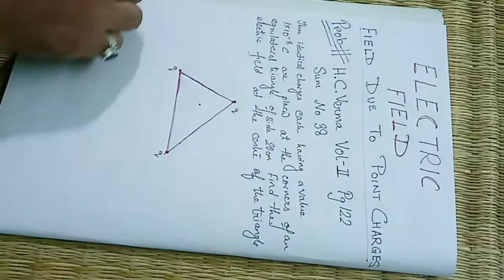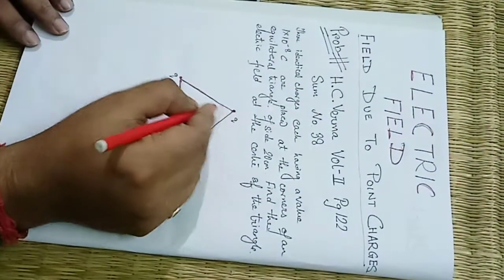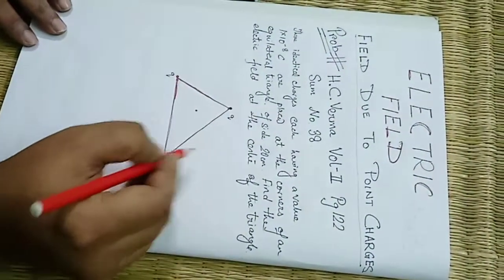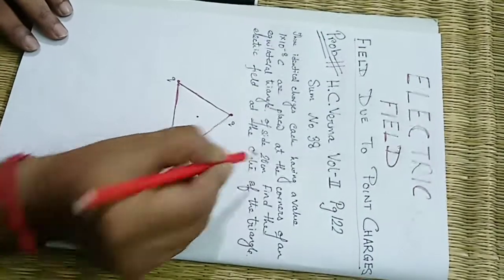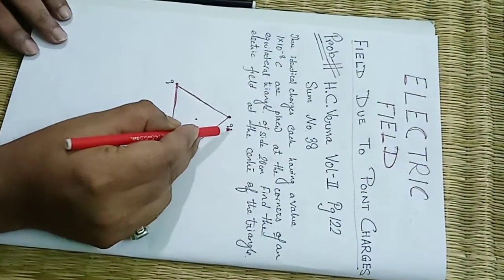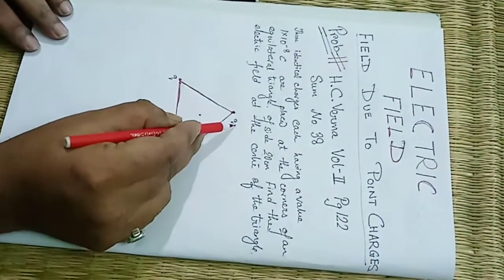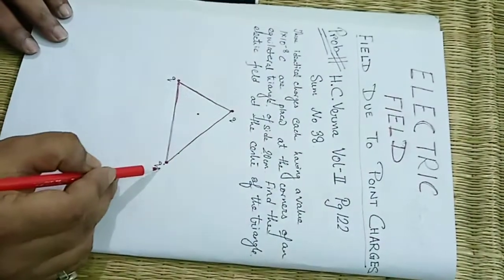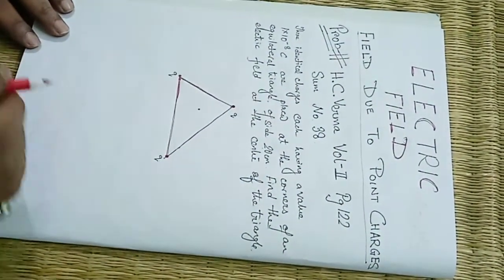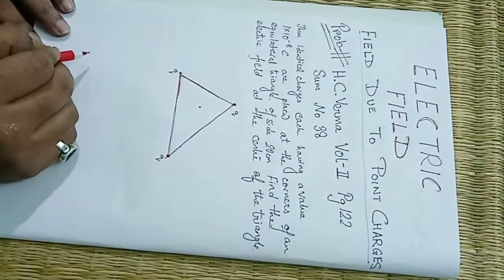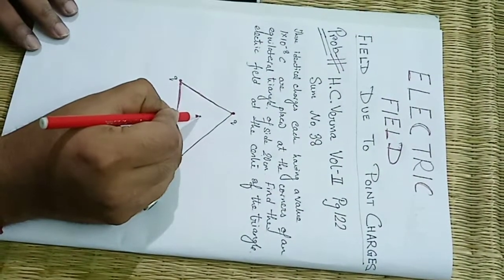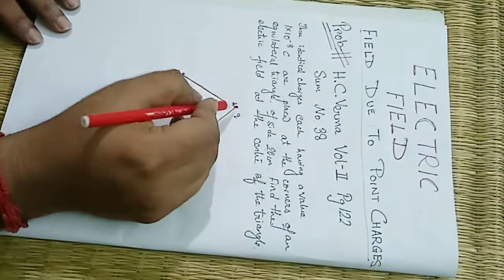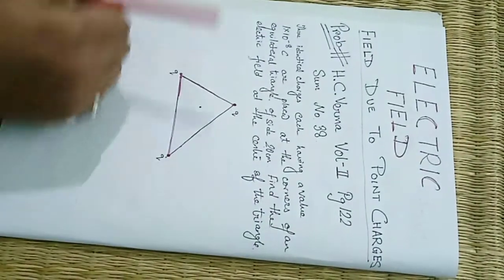So what they have given, this is an equilateral triangle where all the sides are equal and equals to 20 centimeter. Three same charges, suppose let they be Q, Q and Q, has been placed at the three vertices of the triangle. We have to find the net field due to these charges at the center.